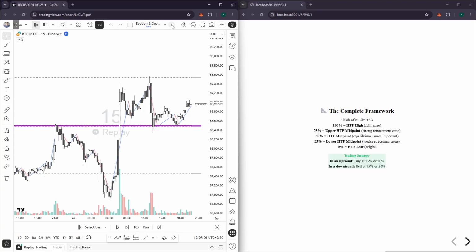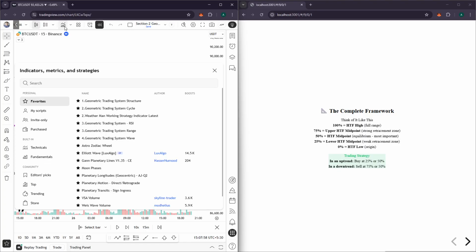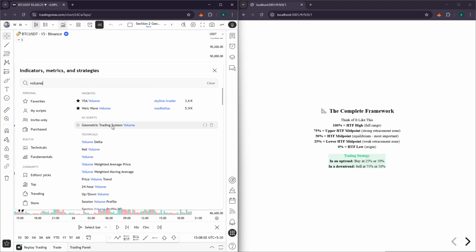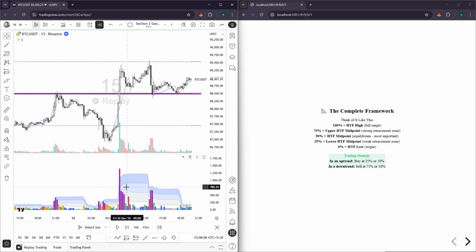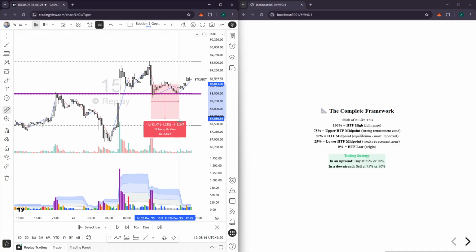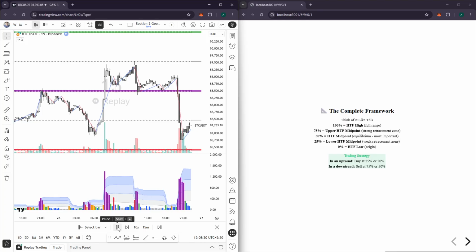You see this big volume there. And observe what happens when I enable the geometric volume here. See, this big volume came down, which was above the second standard deviation. This is a good volume. So if this wave completes there, you can take a short, put your stop loss there, and let it run.